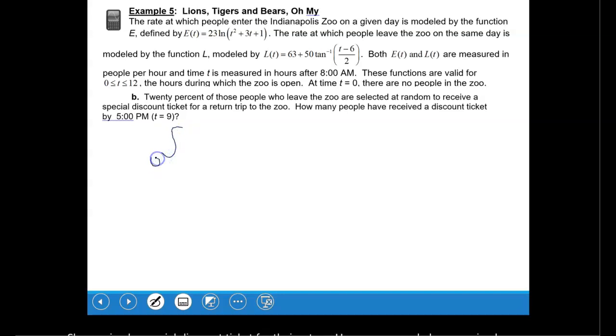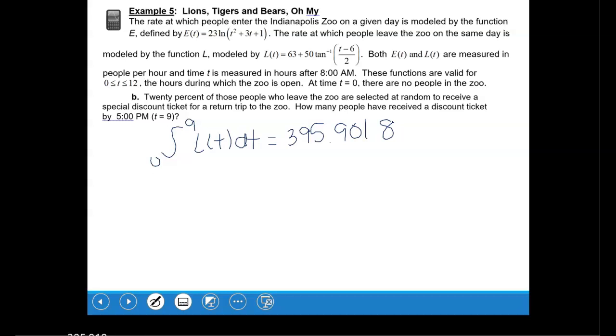So 0 to 9, L of T dt this time. So at 5 p.m., 395.9018 people have left.